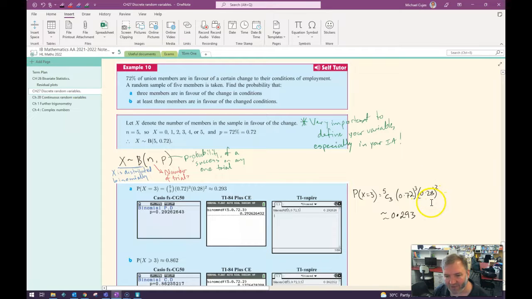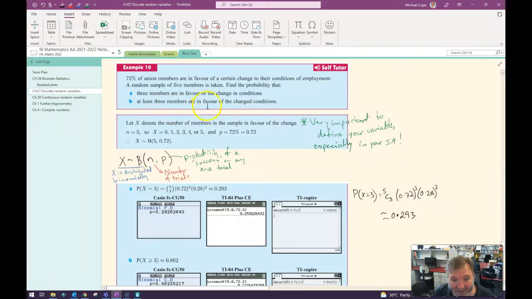The chance of a failure in this situation is 0.28, 1 minus the 0.72. So it's 0.28, and I square that because the total number of outcomes has to equal the number of trials, 5. So if I knew that this one had to be 3, then 5 minus 3 gave me 2. And I multiply those together, and that's where I get my 0.293 for exactly 3 out of the 5.